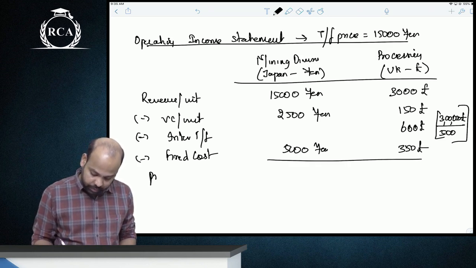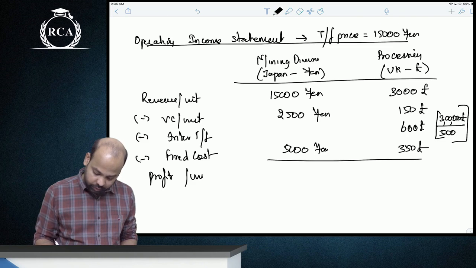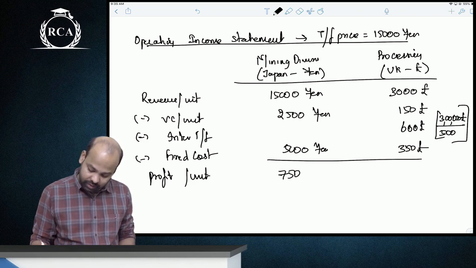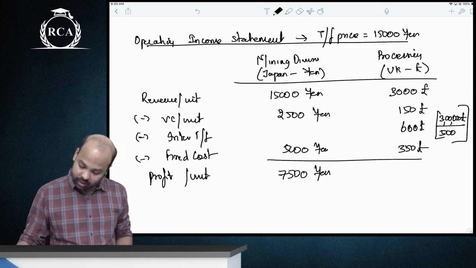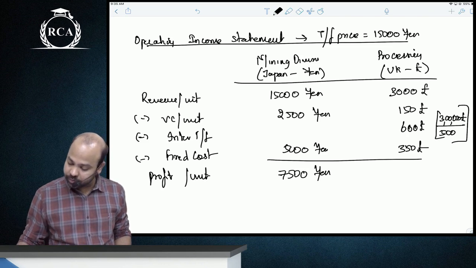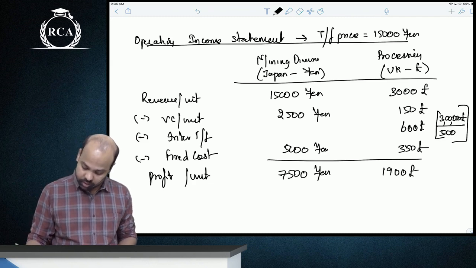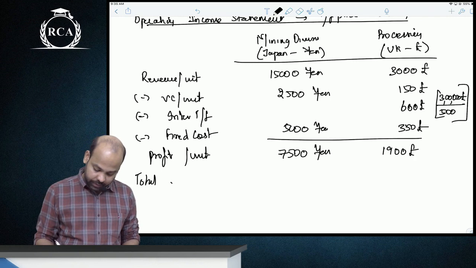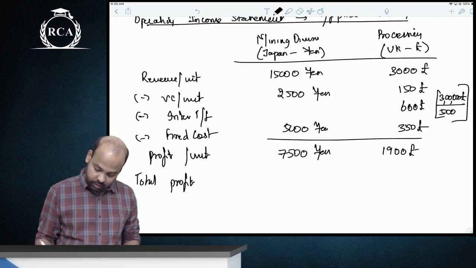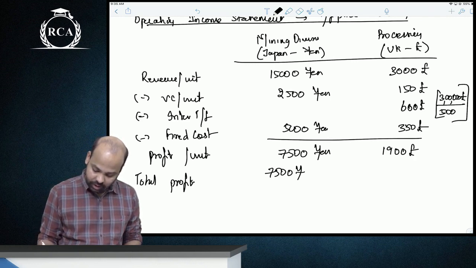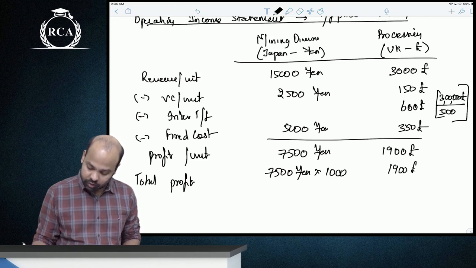Your profit per unit is 7,500 yens, and here it is 3,000 minus 150, 600, 350... that is 1,900 pounds per unit. Your total profit would be 7,500 yens into 1,000 carats, and 1,900 pounds into 500.